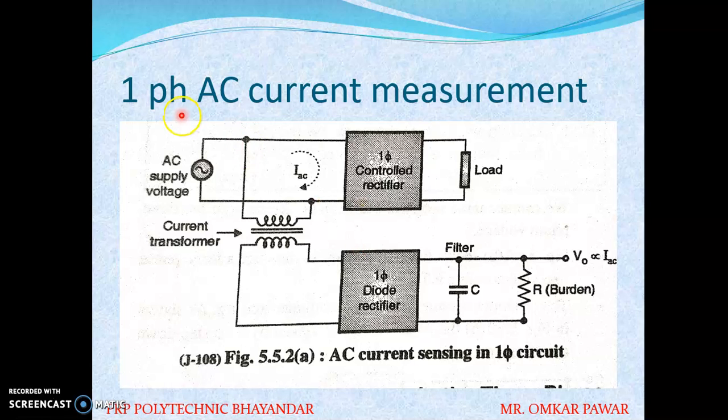So next is single phase AC current measurement. Here we use a current transformer. The primary is connected to the current transformer.